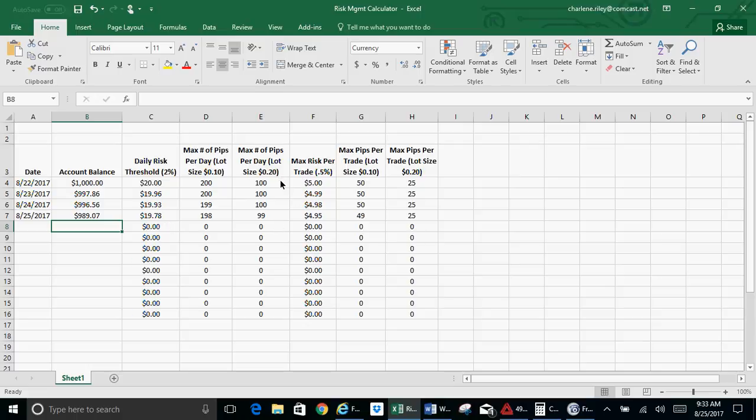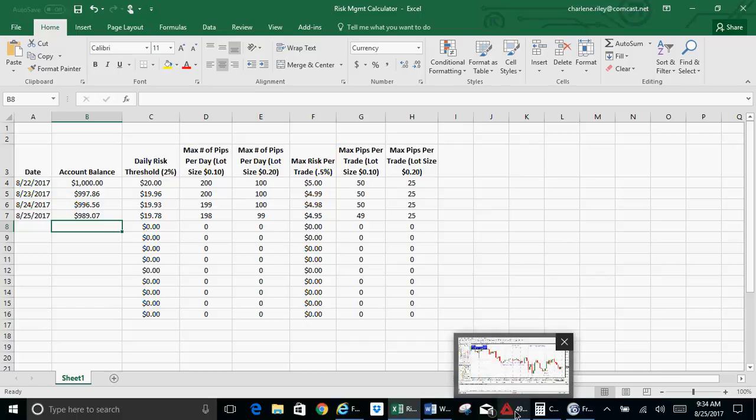I'm using a lot size of 20 cents per pip, so the maximum number of pips I can risk today is 99, and using a 0.5% max risk per trade, that will be $4.95, up to $4.95 per trade. And using the lot size of 20 cents per pip, I can risk a maximum of 25 pips per trade.